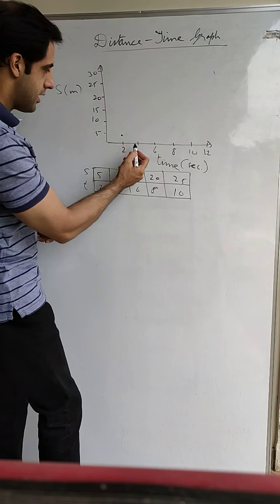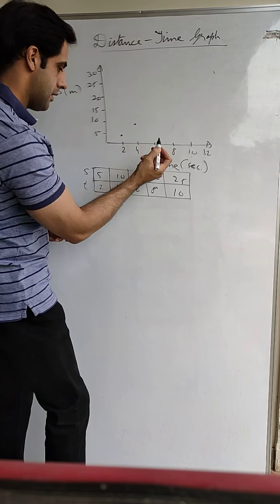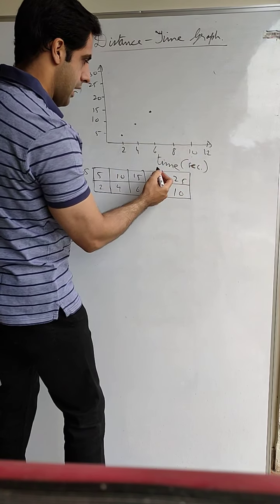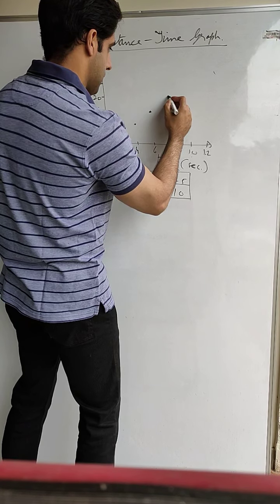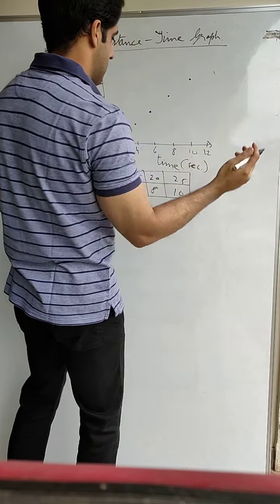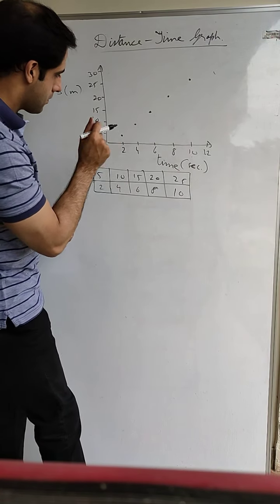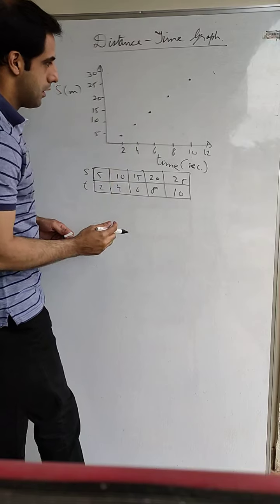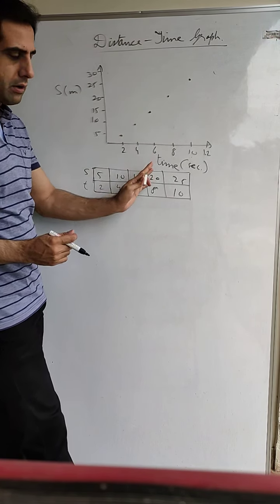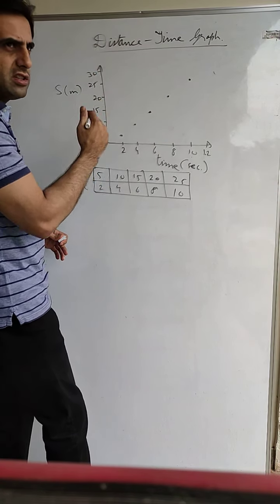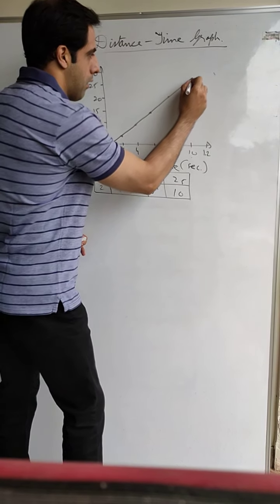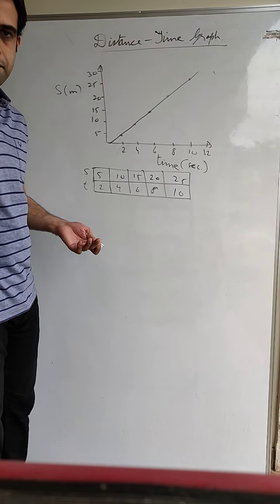Okay, 4 and 10, 6 and 15, 8 and 20 and 10 and 25. These are the main coordinates according to the given graph. Now if we join these points, then we get a straight line.